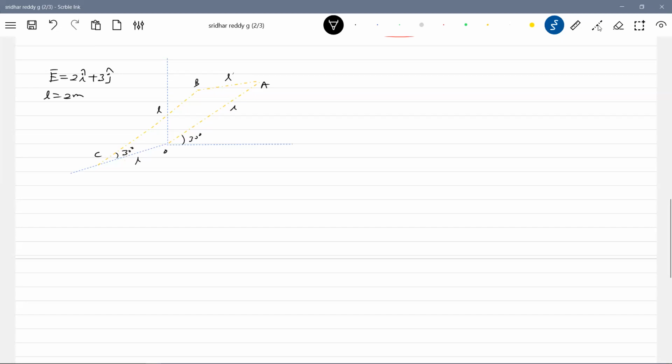The plane is making an angle of 30 degrees with the XZ plane, and there is a uniform electric field there. We have to calculate the electric flux linking this surface.